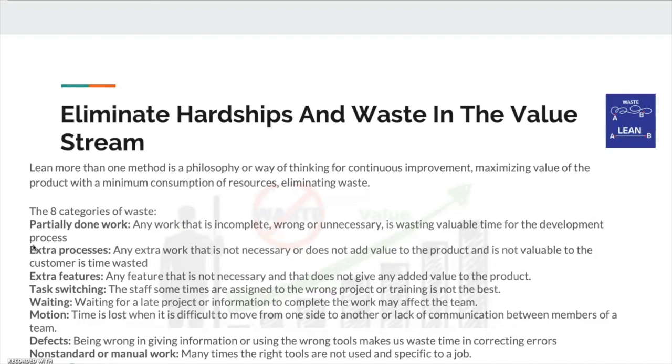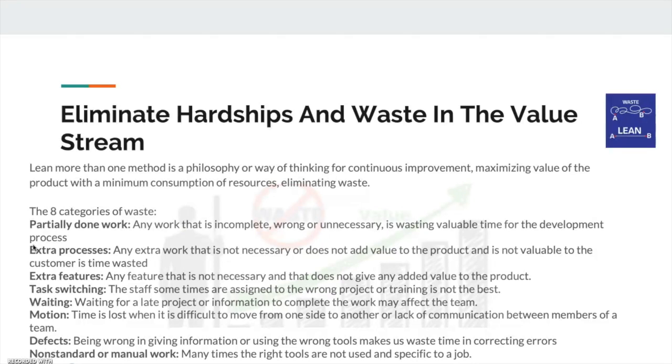Eliminate hardship and waste in the value stream. Lean, more than a method, is a philosophy or way of thinking for continuous improvement, maximizing the value of the product with the minimal consumption of resources, eliminating the waste.